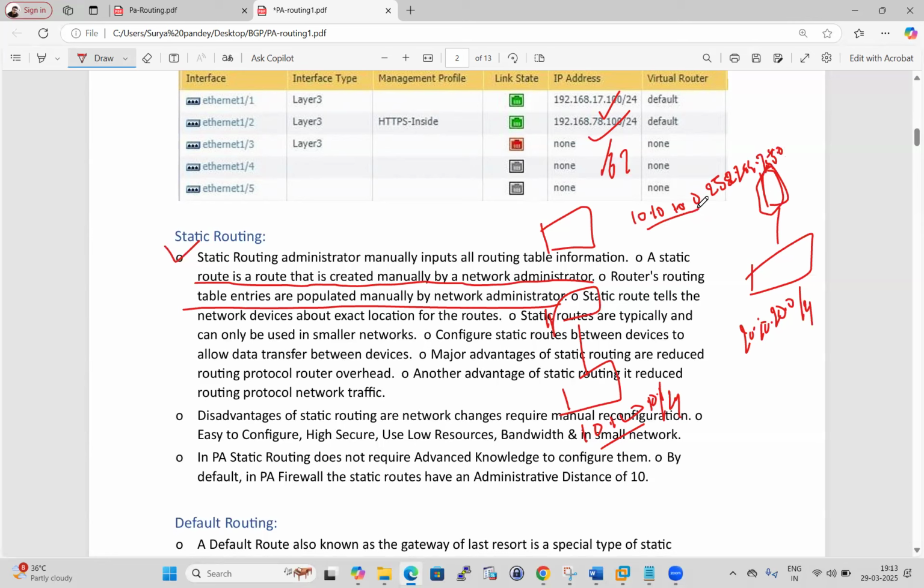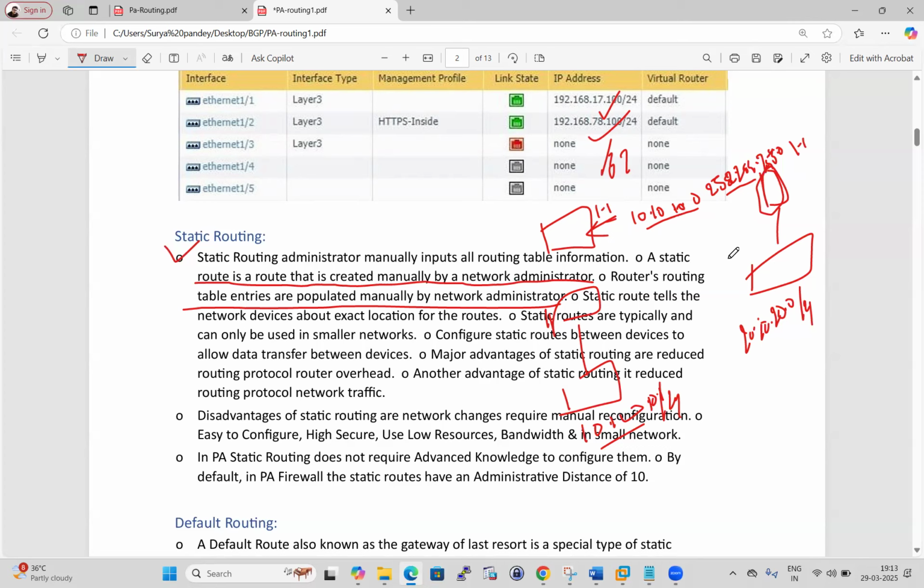I want to communicate with this destination, with this subnet, so please send this traffic to the next hop, that is maybe this firewall's egress interface IP address, which may be 192.168.1.1. So we can give the next hop here as 192.168.1.1. In these types of scenarios we can use static routes, where there is less requirement and a small organization.